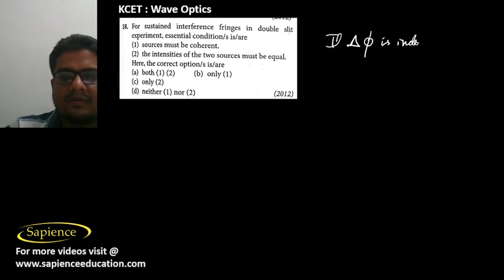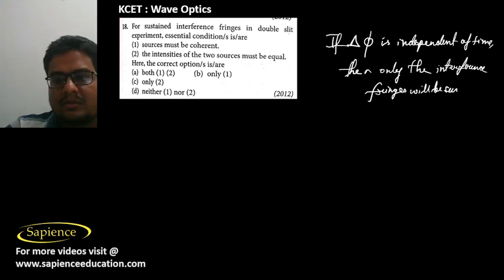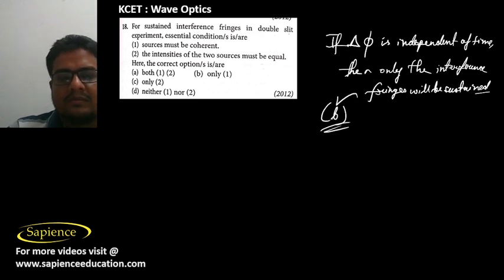If their phase difference is independent of time, then only the interference fringes will be sustained. Therefore, only one. So option B is the correct answer.